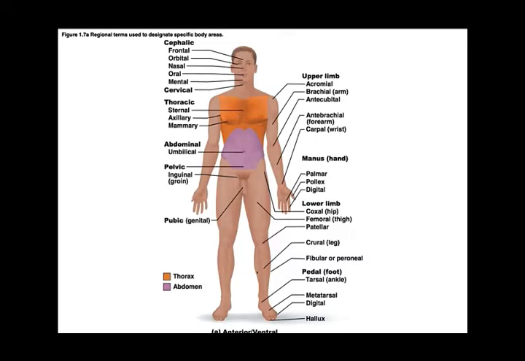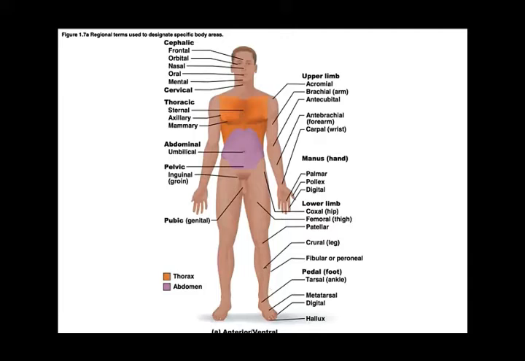Perineal is generally used for your pelvic region, so please be aware of this. There are two things, perineal and peroneal. Perineal is used for the pelvic region, and peroneal is used for the lower extremities.